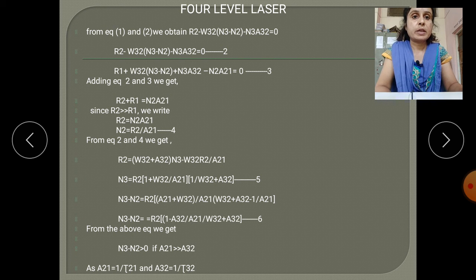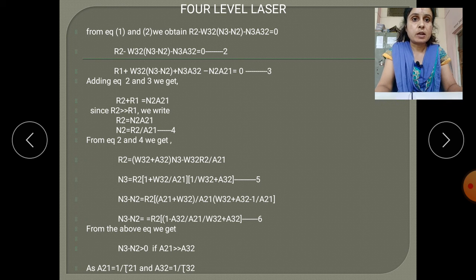In this equation we can derive the population inversion from a higher energy level to a lower energy level according to the spontaneous and stimulated processes. The stimulated emission takes place according to the levels. So, (R1 plus W32)(N3 minus N2) plus N3 A32 minus N2 A21 is equal to 0. That represents equation number third.